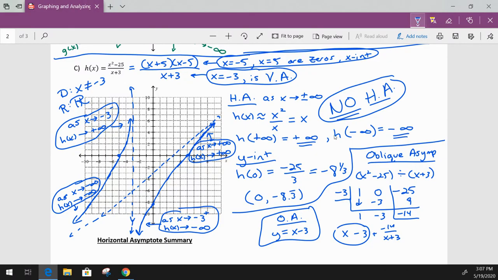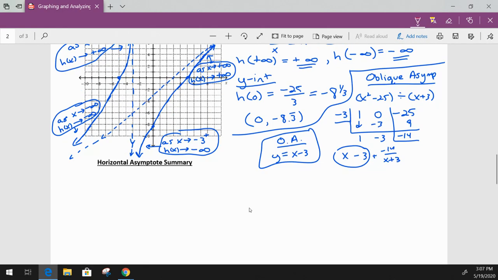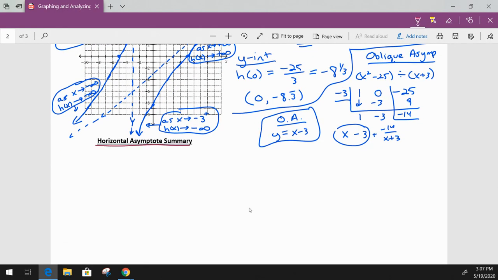So now, summary of horizontal asymptotes. Mostly there are 3 possibilities. If the degree of the numerator is greater than the degree of the denominator, then there will be no horizontal asymptote.